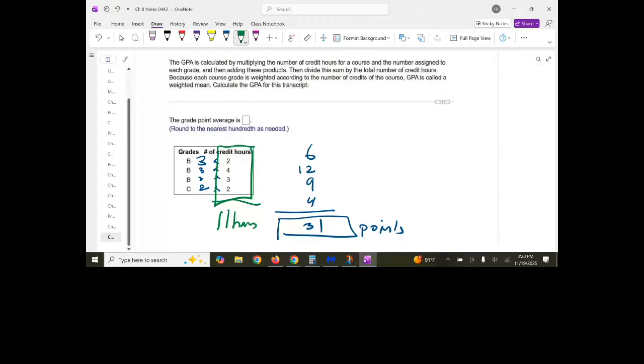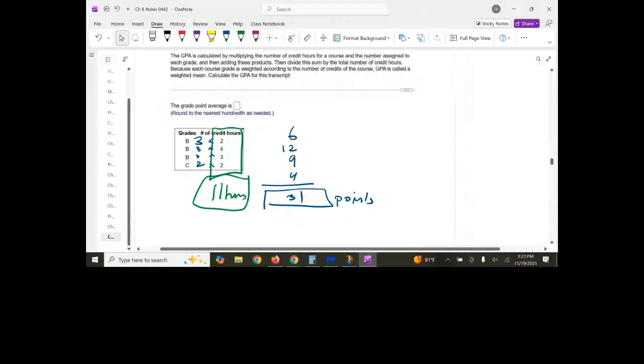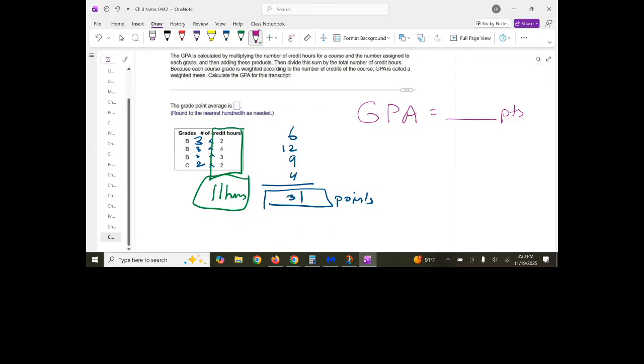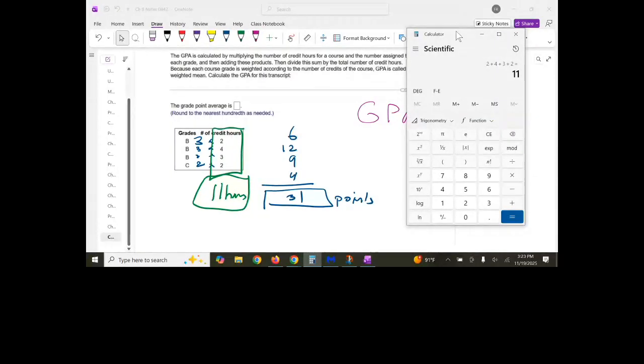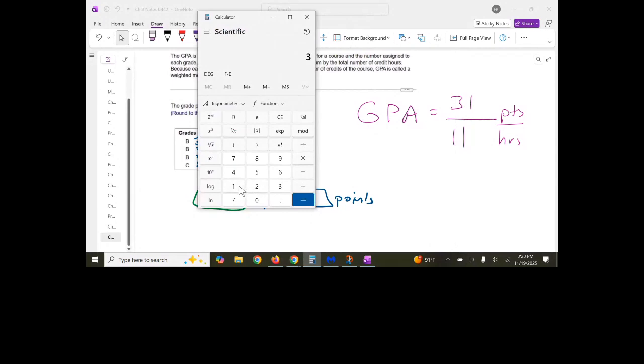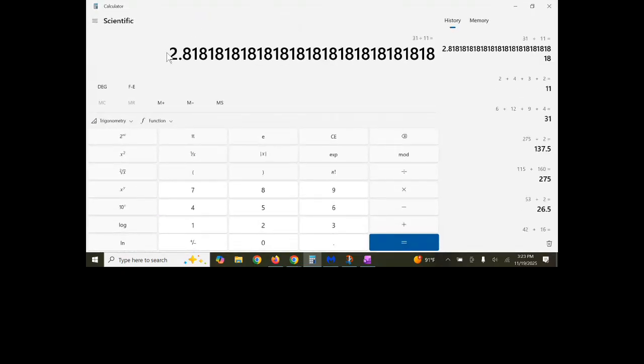Then the way we find our GPA is we take the total number of points and divide it by the total number of hours. So we have 31 points, and we're going to divide it by 11 hours. 31 points divided by 11. Look at the number I'm coming up with. Boom, coming up with this guy right here.